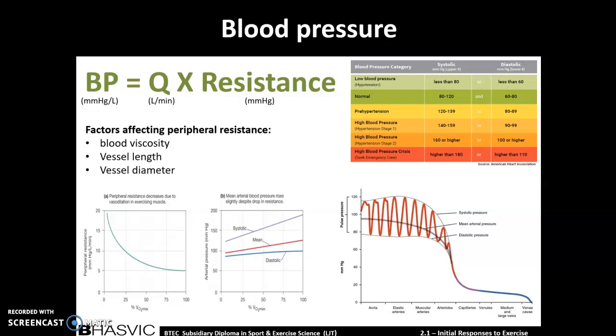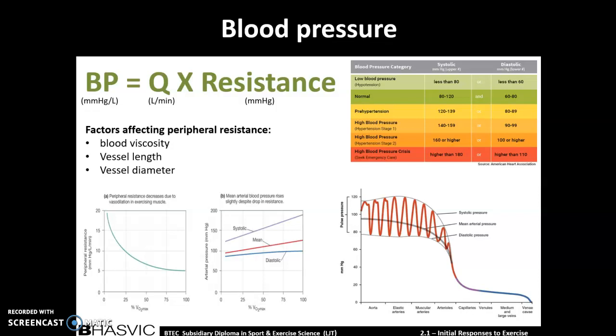The diagram in the middle, now this shows the change in blood pressure during exercise. So during dynamic exercise, you can see that as the intensity increases towards their VO2 max, the systolic blood pressure increases, as this is the pressure of the heart contracting.